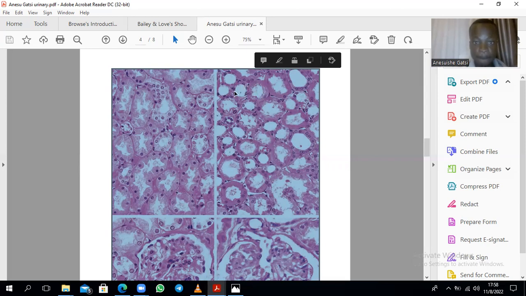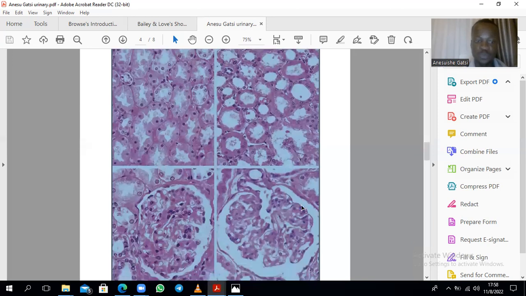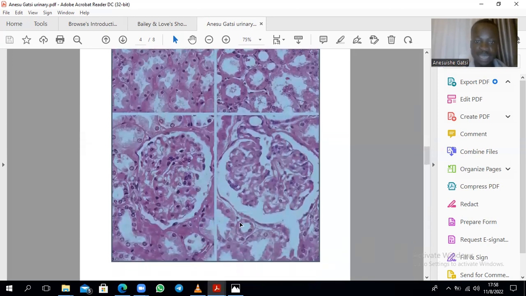This here is a DCT. We can appreciate that the lumen is empty. If you look at the lower inset, that's a renal corpuscle. This here is our DCT. Look at the empty lumen.